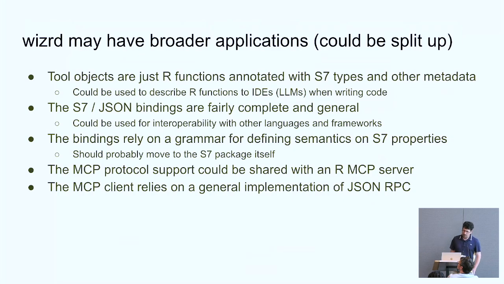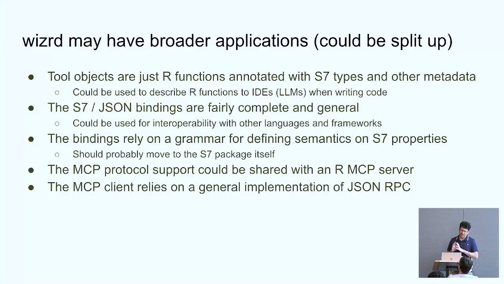All right, good. So here I just wrap up. I think Wizrd has some broader applications, or there are things that I implemented in it that can be split out as their own package. I'm really interested in using S7 to describe types more generally, not just to LLMs, but to say web services in Plumber or to an IDE, just to have a common way to specify R types.